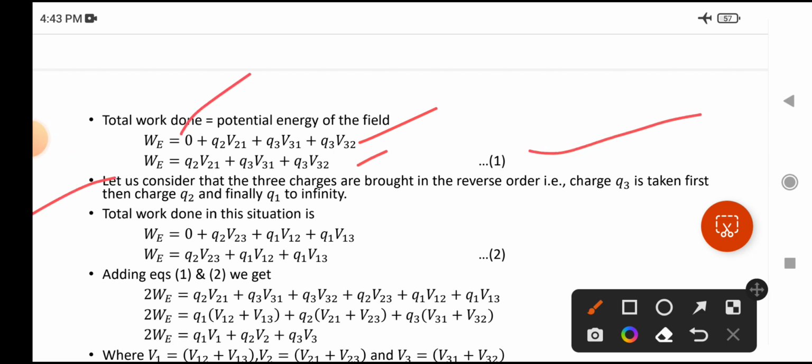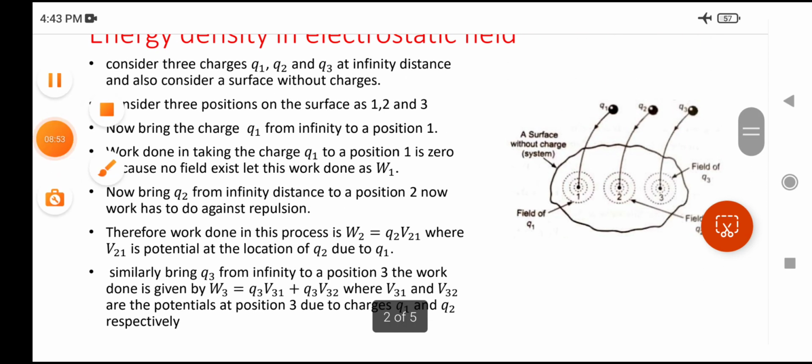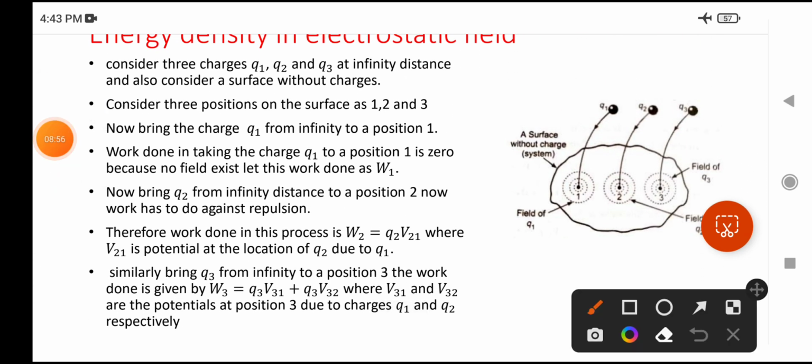Next, let us consider that the three charges are brought in the reverse order. That is, charge Q3 is taken first, then charge Q2, and finally Q1 to infinity. Previously, first we brought charge 1 from infinity to this position, next charge 2, next charge 3.